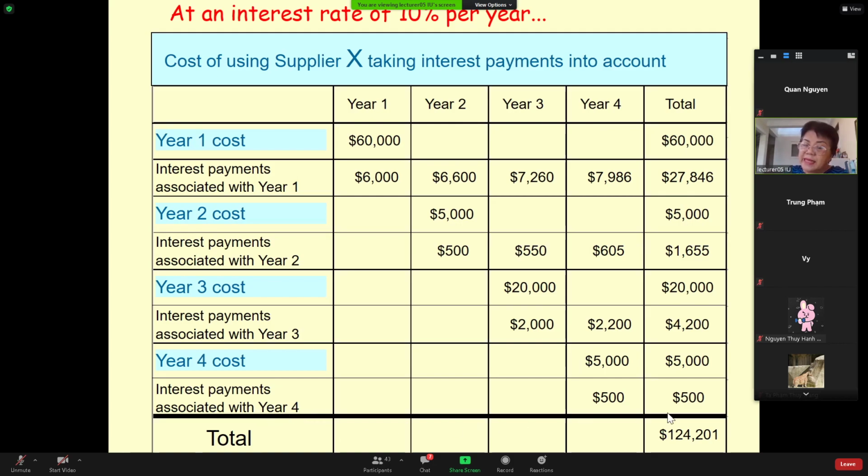At the end of year 4, you sum it all up, and that is 124,201. That is the total cost of ownership that you pay for supplier X.